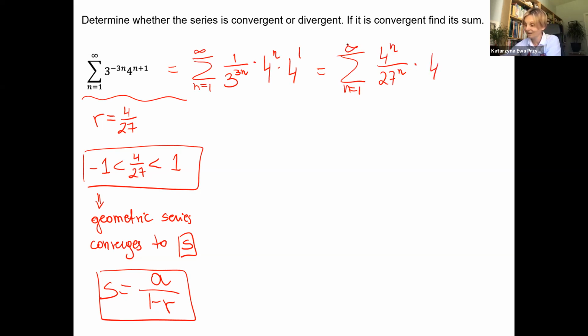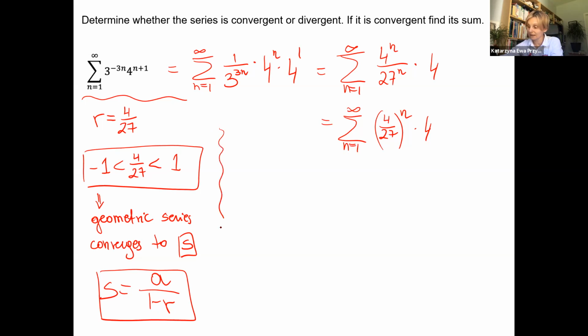And now we can definitely see that is 4/27. This is the quantity taken to the power of n, and that's the common ratio. Okay, but you saw it right away. 4/27, yes, that's good.